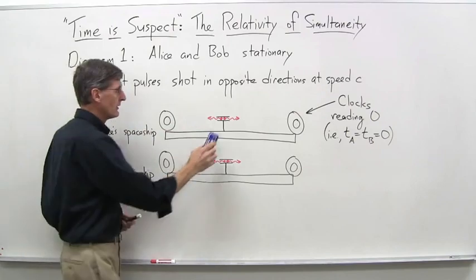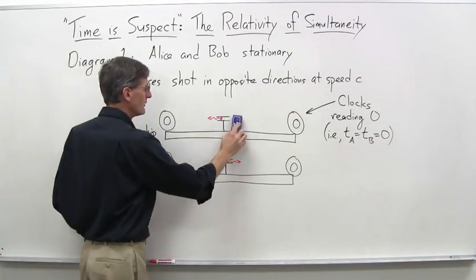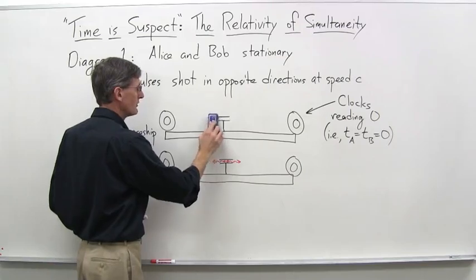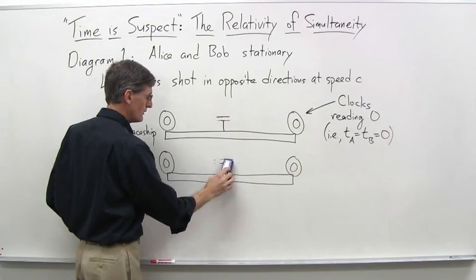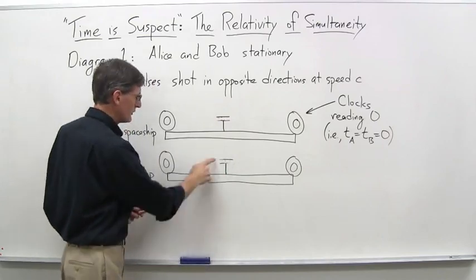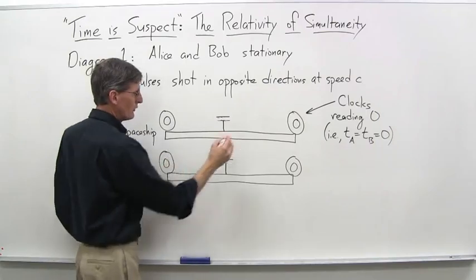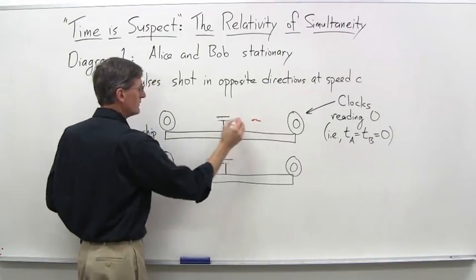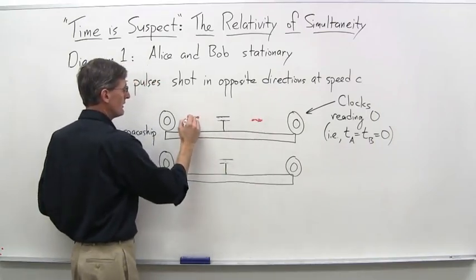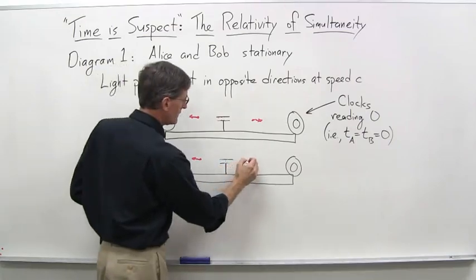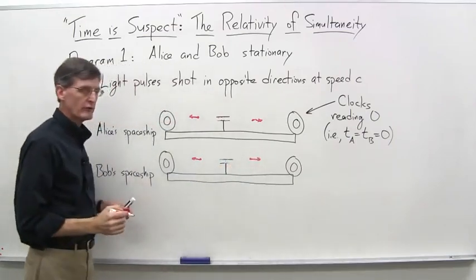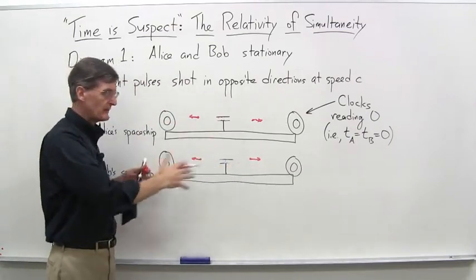Let's imagine then that, carefully erase our light pulses here because they have now been shot off. And if we could imagine, we have one sort of about right there going that direction and right here going this direction. And same thing down here for Bob with our light pulses. In other words, they would track exactly, right?